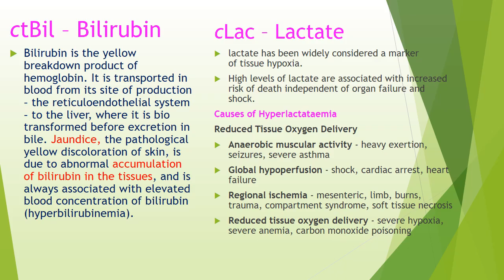We can see yellowish discoloration of the patient, that means jaundice. It is due to abnormal accumulation of bilirubin in the tissue, as it is always associated with elevated blood concentration of bilirubin, and we can rule out hyperbilirubinemia in the ABG or VBG result.